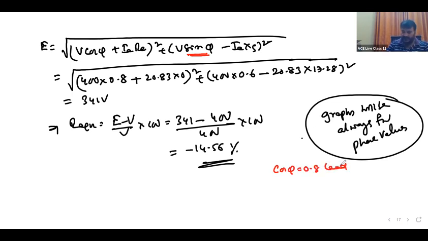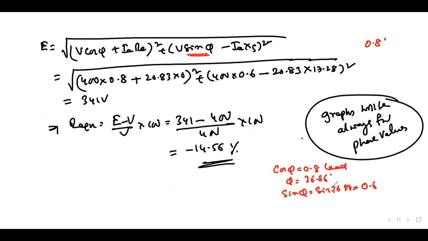You need to find the regulation for 0.8 leading. Cos phi 0.8 means what is the phi? That's 36.86 degrees. Then sin phi is equal to how much? 0.6. That's why. Got it, sir. Okay, right.